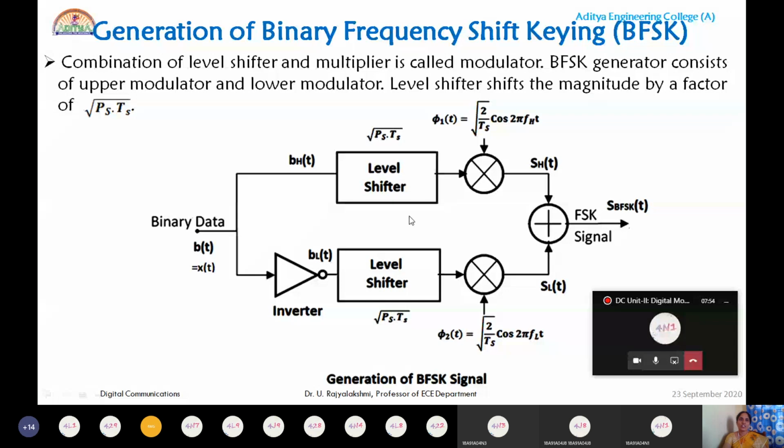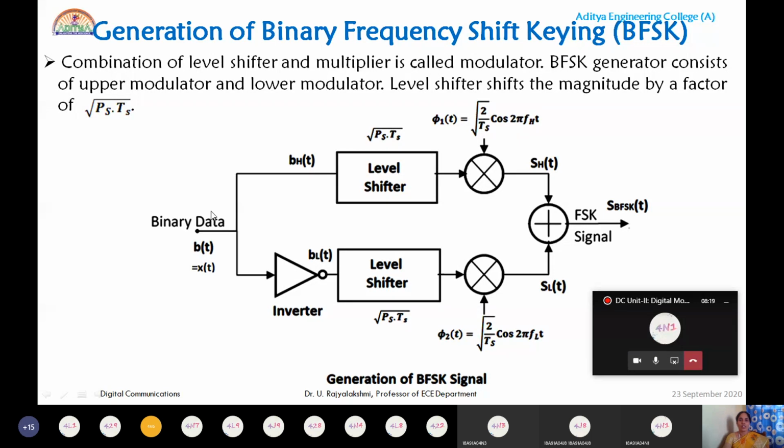So already we have defined the generation principle for the FSK signal. The input is the binary sequence, a digital signal, and using that signal we convert it into FSK. How can you generate the FSK signal? By using two 1-bit energy carriers: one due to fH and the other due to fL.